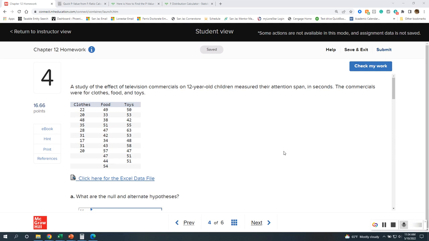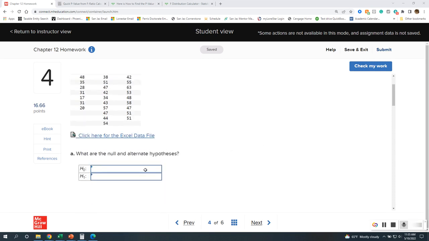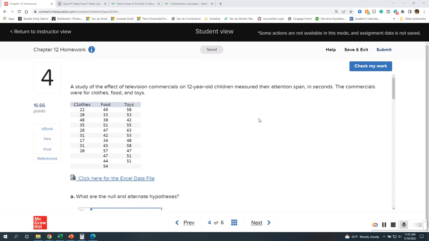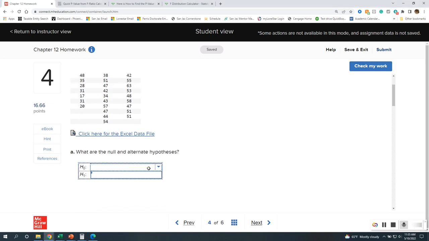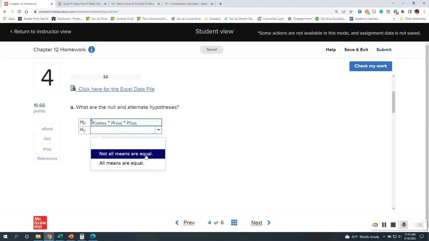Now, the data analysis for the ANOVA really works more with regression. So this chapter, we've got to create our own again. So let's go ahead and knock out what we can. So again, we want to know if everything is equal or not equal.